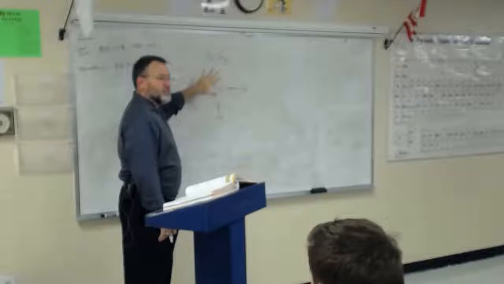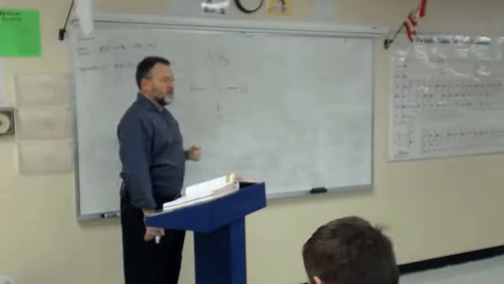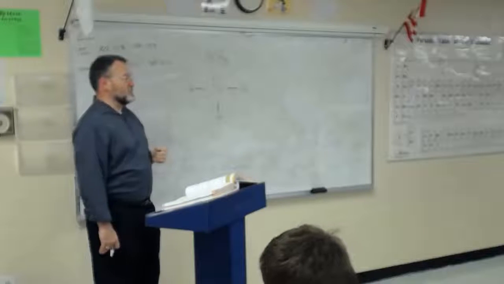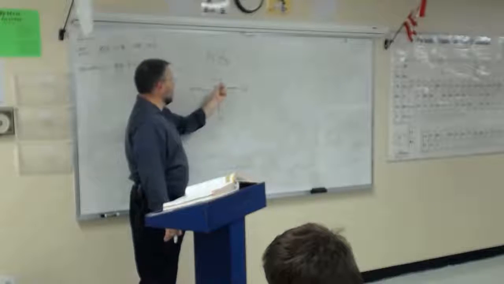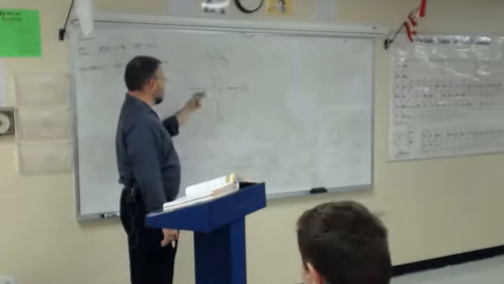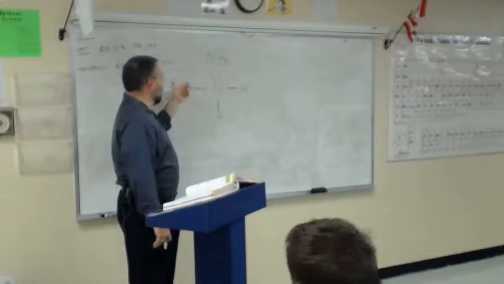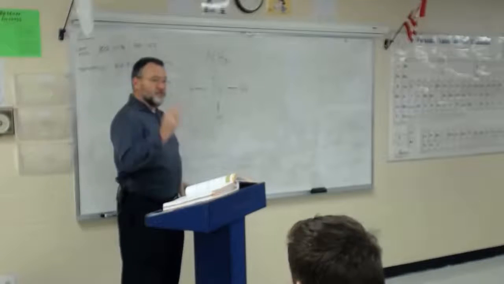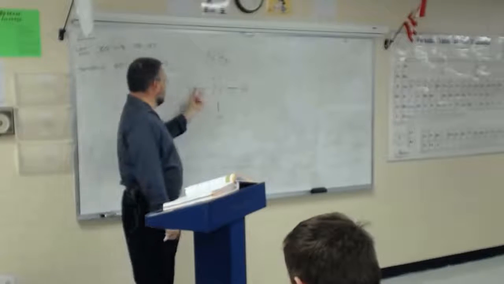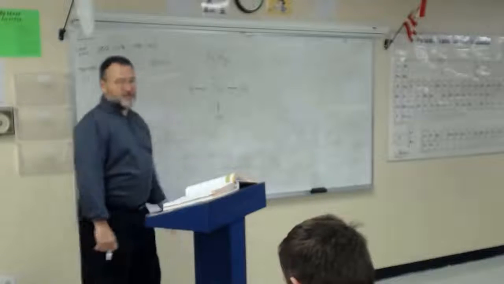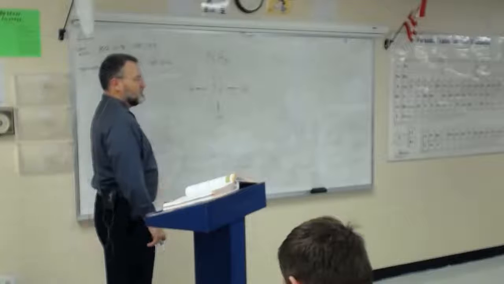In this molecule, is nitrogen's octet satisfied? Just count them up. Here's 1, 2, 3, 4, 5, 6, 7, 8. Nitrogen's octet is full. Hydrogen's octet rule, it's looking for 2. It's one of the exceptions. 2, yes. 2, yes. 2, yes. They're completely satisfied. This is your stable NH3 molecule.